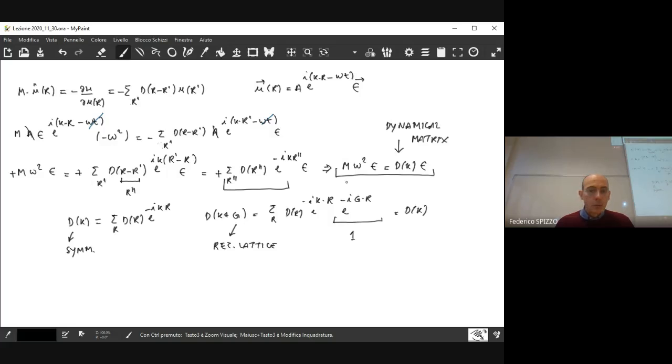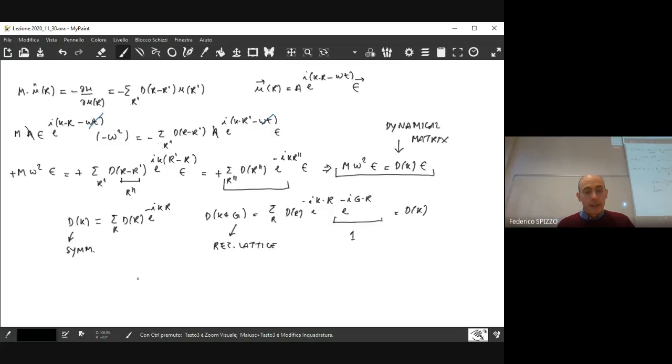So all the solutions that we will find after the application of this matrix will be periodical in the reciprocal space, and those solutions will have the same periodicity of the reciprocal lattice. So this is important. The dynamical matrix is periodical in the reciprocal space.